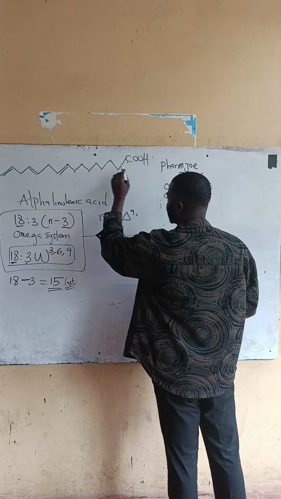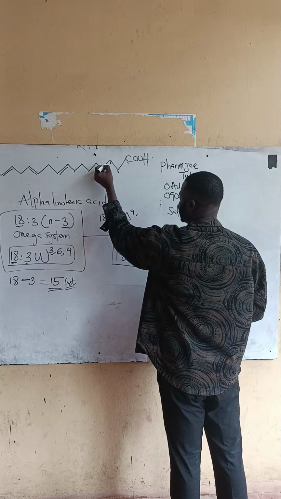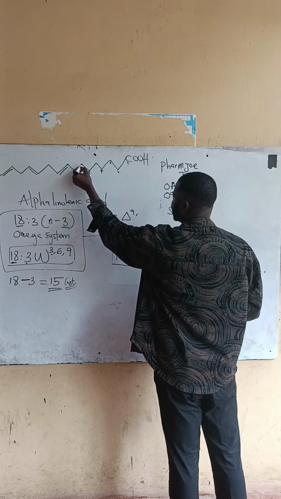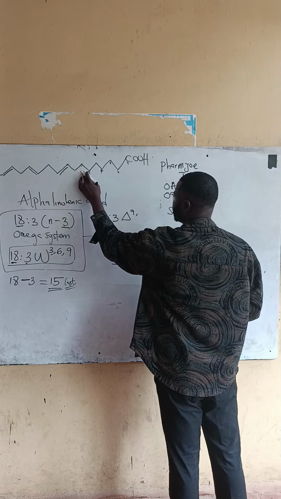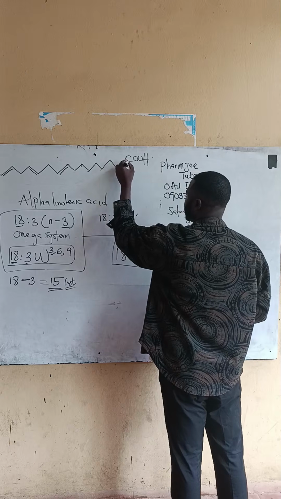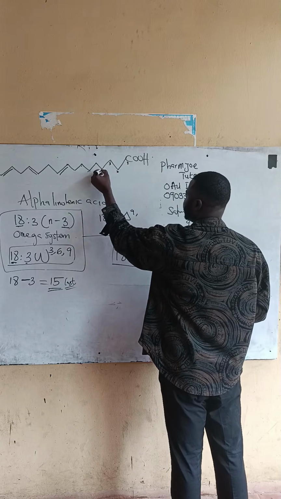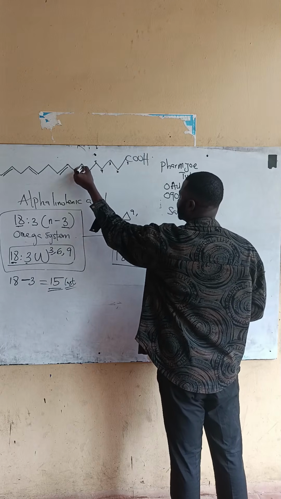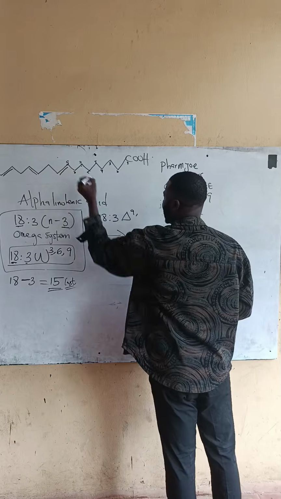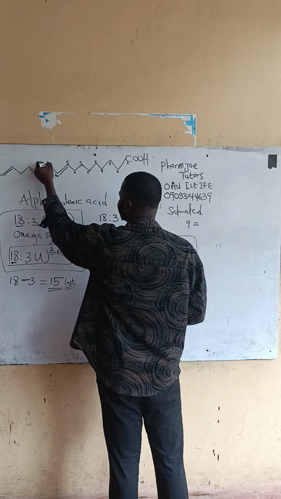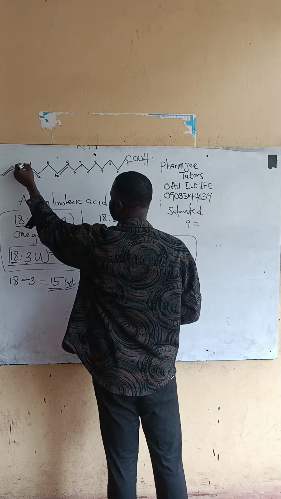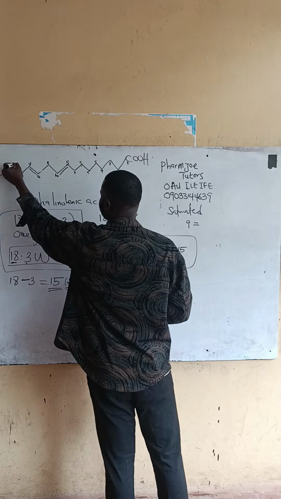Can you see? 1, 2, 3, 4, 5, 6, 7, 8, 9, 10, 11, 12, 13, 14, 15.